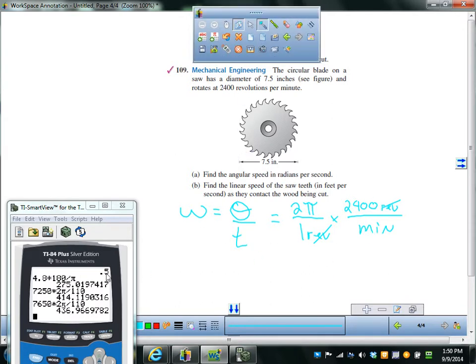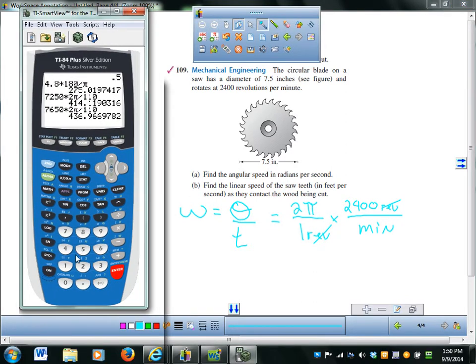And I'm going to go get my handy dandy calculator over here. 2 pi times 2,400 divided by nothing, right? Because I don't have to divide by anything because it's just 1 minute.